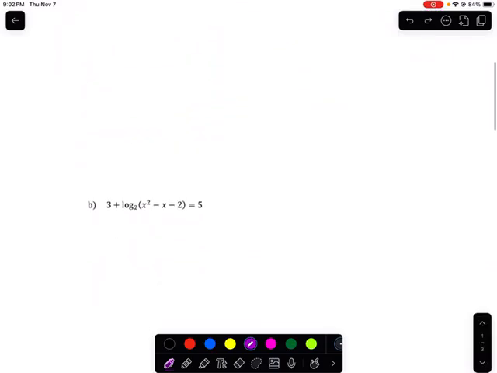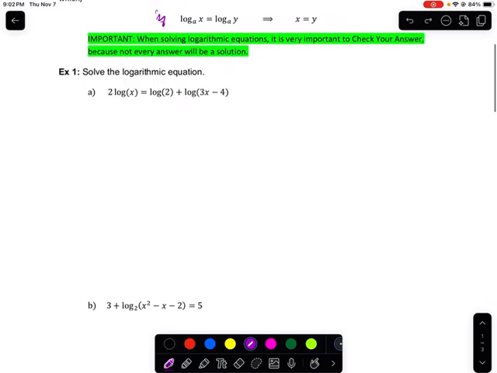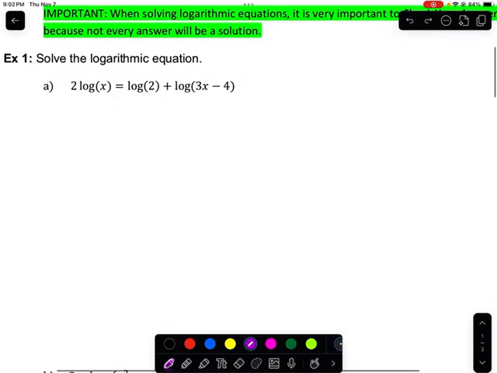So we must always check. If you recall, in radical equations we always check the answer. Same thing here.